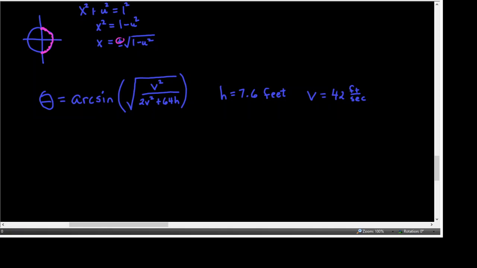Okay, so the angle is unknown, so it's going to stay theta as an unknown. Arc sine of, now by substitution, this is going to be 42 squared divided by 2 times the square of 42 plus 64 times 7.6.